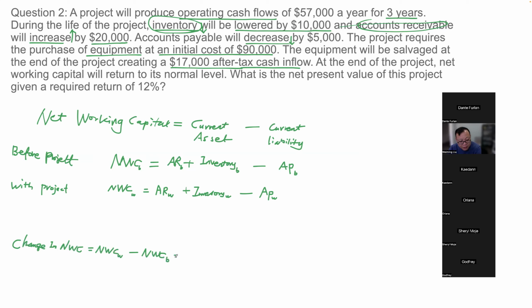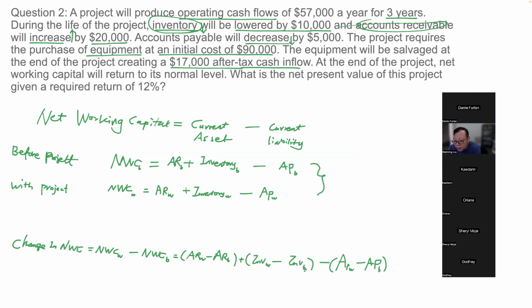So I have this minus this: AR_W minus AR_B, plus inventory_W minus inventory_B, and here this is a minus sign, minus AP_W minus AP_B. Is this clear?